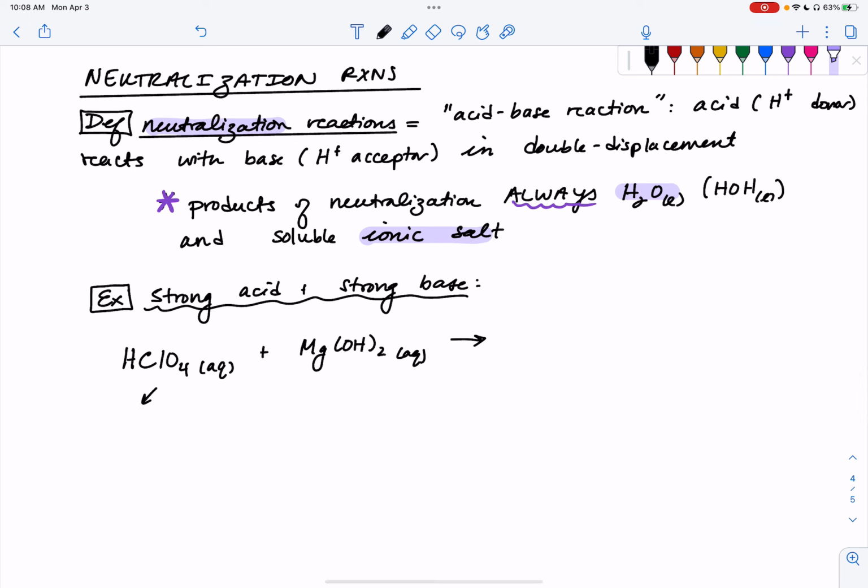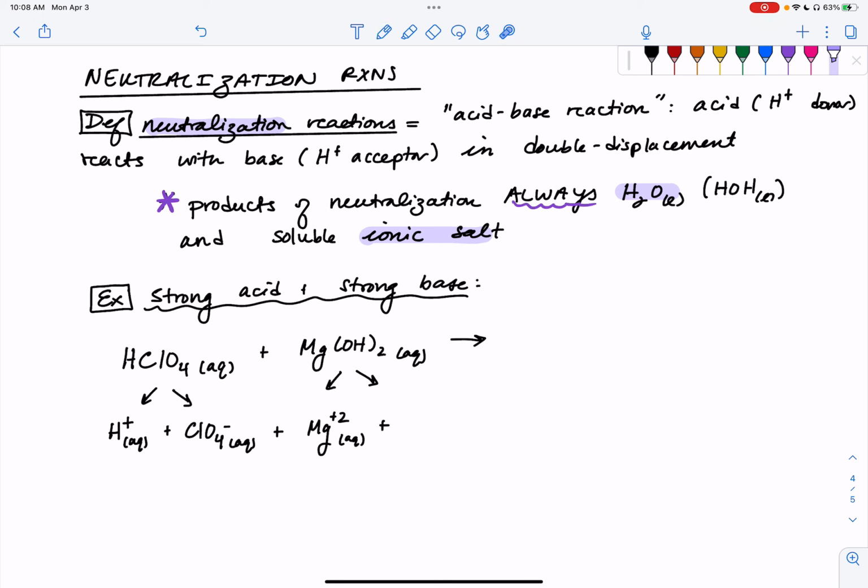So much like we did in our precipitation reactions, I'm going to start by not only writing out what my reactants are, but also writing out what my reactants are as they exist in solution, meaning I'm going to show these things split up or dissociated into their respective ions so I can figure out what kind of displacement is going on. So perchloric acid, that is going to be my acidic proton and the perchlorate polyatomic anion. Magnesium hydroxide: magnesium is a group 2 element, so it creates the Mg2+ ion.